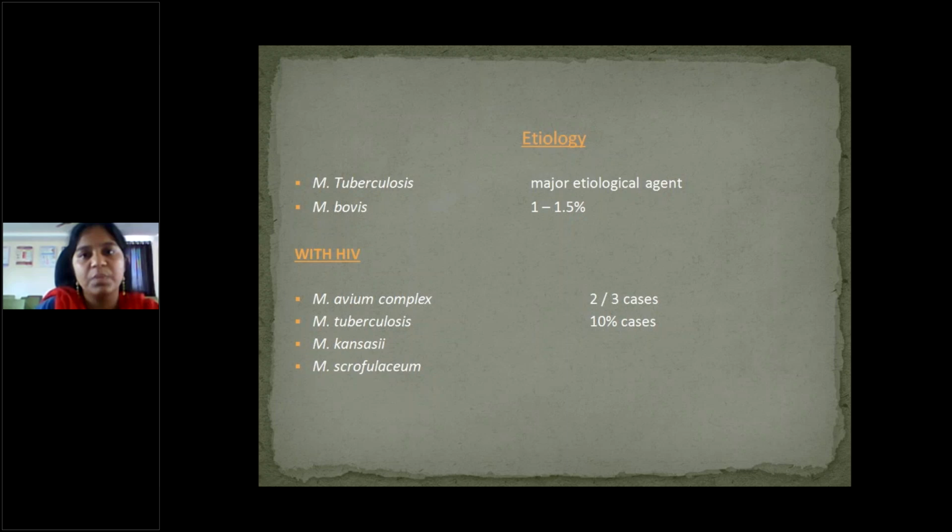With other atypical Mycobacteria, the body is generally immune enough to protect itself. But when the infection is along with HIV, as with Mycobacterium avium, two-thirds of the cases are because of avium. Generally, in non-HIV patients, Mycobacterium tuberculosis is the major etiological agent.